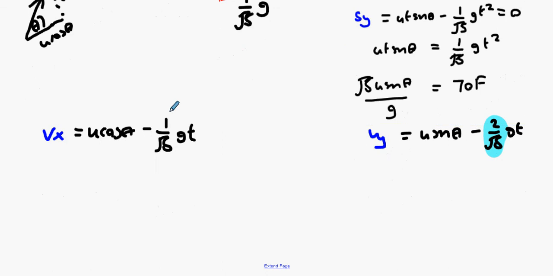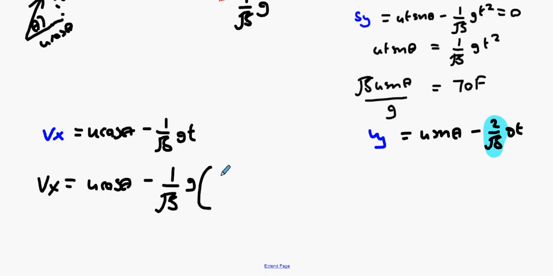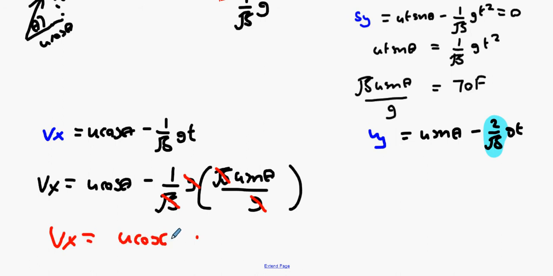Now, Vx. U cos theta, so it's going to be u cos theta take away 1 over root 5 g. And now I have t here, which is going to be root 5 u sine theta over g. G's cancel. Oddly enough, the root 5's cancel as well. So we're going to be left with Vx equals u cos theta minus u sine theta.